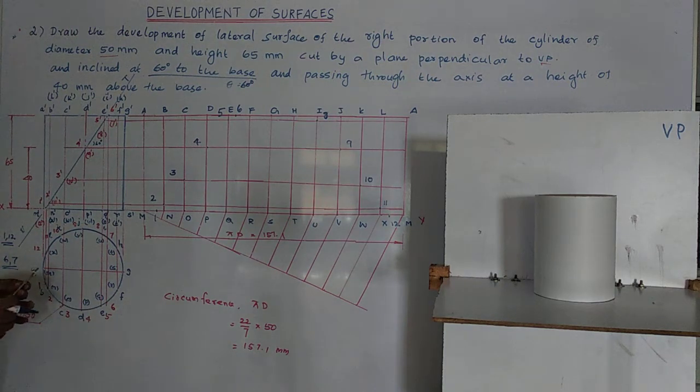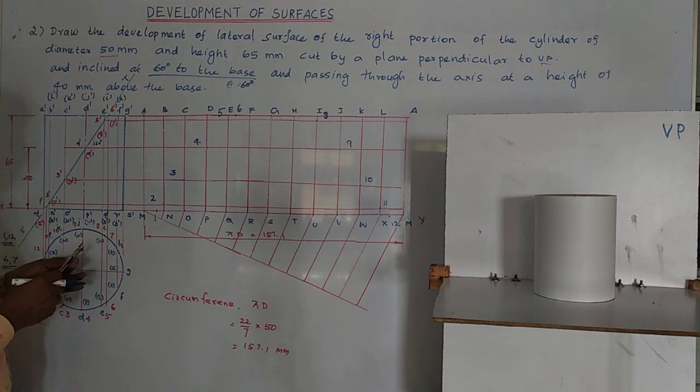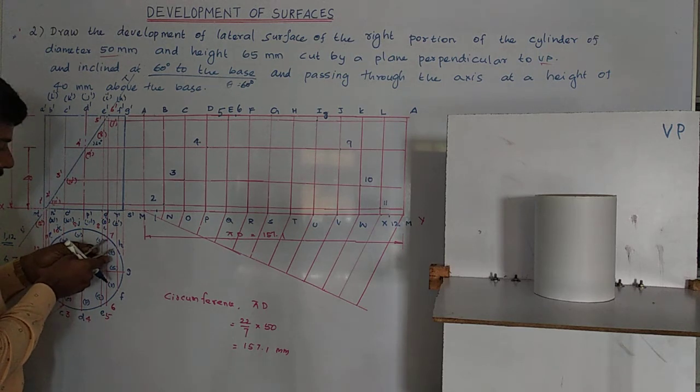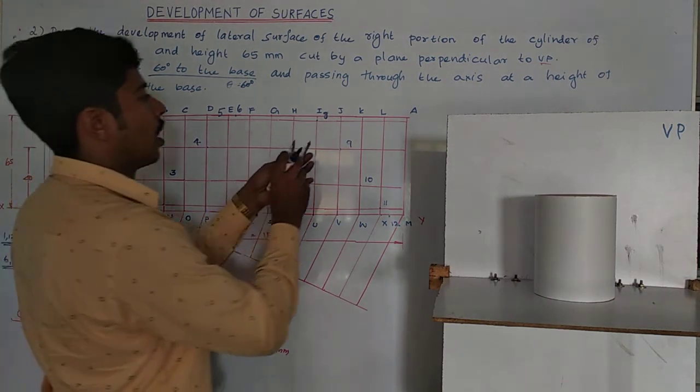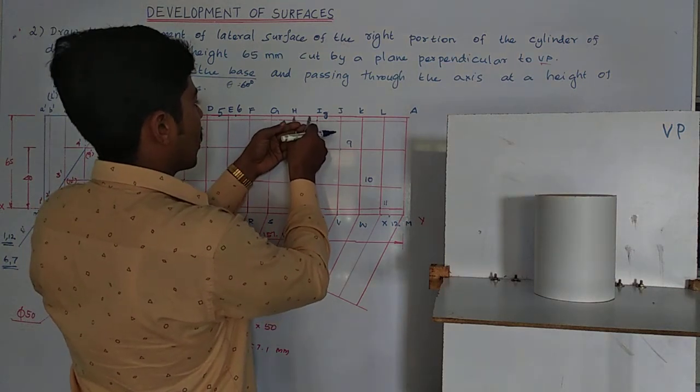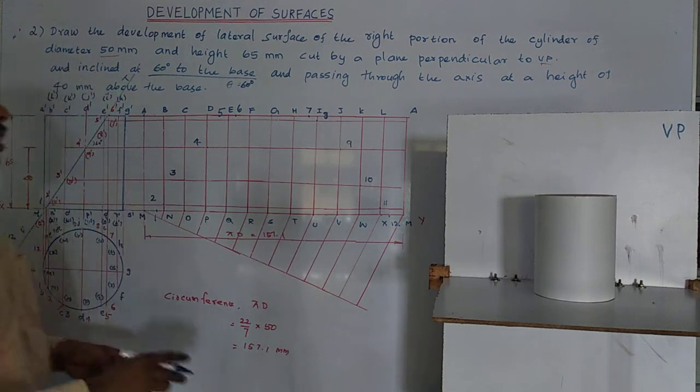Then 7. 7 means H I, isn't it? H I. So I measure from H to I, which is the distance. H to 7. H to I. This distance is, this point is 7.